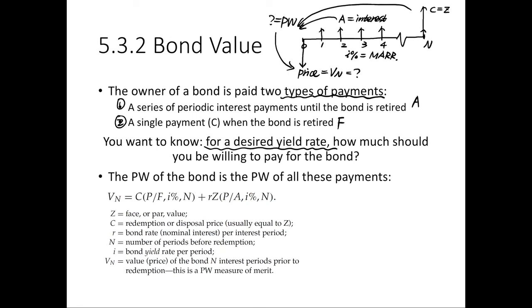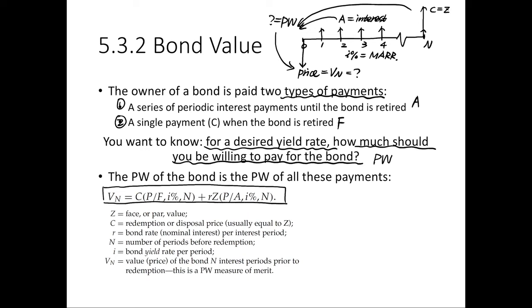At a desired yield rate, how much would you be willing to pay for the bond? That's the question. Actually, it's to convert everything to the present worth. The present worth of the bond is the present worth of all these payments, which can be calculated by this equation.